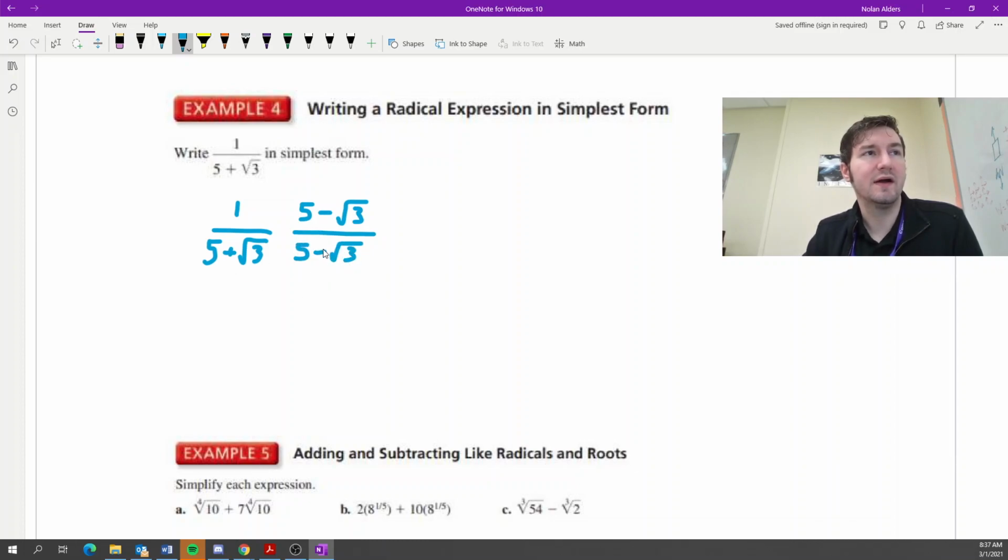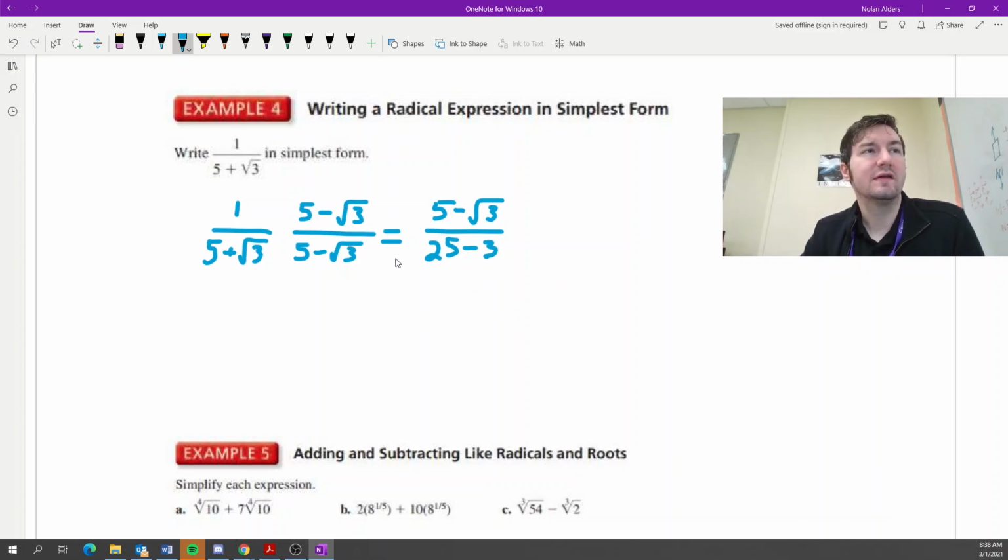Again, if you multiply by sum and difference, then you get a nice pattern here. So 1 times this is just 5 minus square root of 3 on top. And then on bottom, 5 times 5 is 25. Square root of 3 times negative square root of 3 is -3, right?